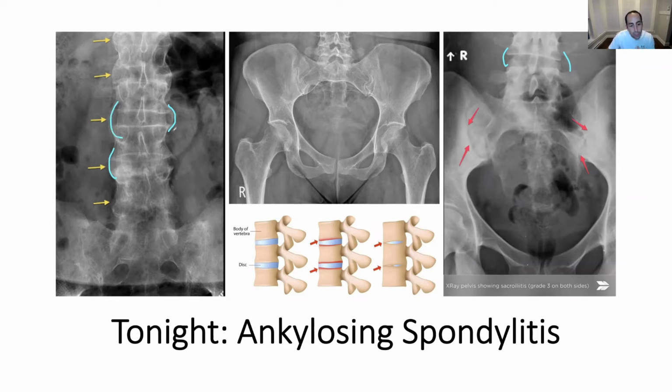You can tell that the spacing is being connected by bone on either side. That is what we call syndesmophytes. So imagine a spine that's meant to bend and rotate that now has vertebrae connected to one another. Obviously, the mobility is not going to be great. So we have syndesmophytes starting to fuse the spine.